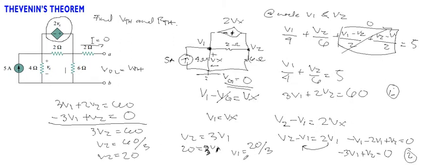So, we have 20 over 3 and we have 6 point, ilan?